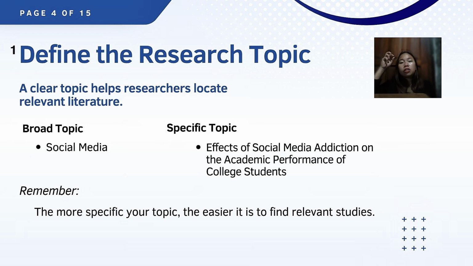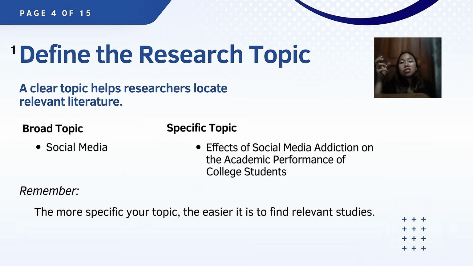If you search for studies using only the words social media, you will probably get thousands of results covering different fields and topics. Now let's look at the second example, the effects of social media addiction on the academic performance of college students. This topic is much more specific, right?